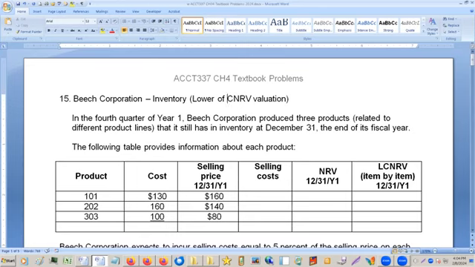Oh, I'm sorry, cost or net realizable value. Okay, so this is lower of cost or net realizable value.